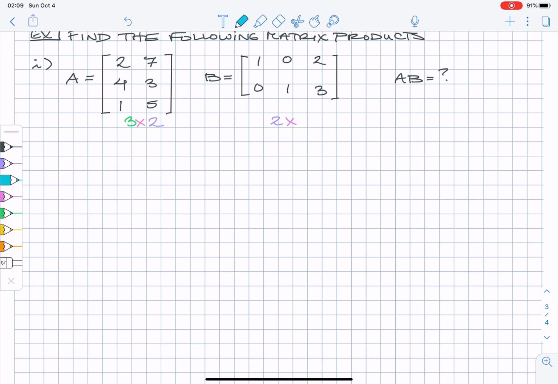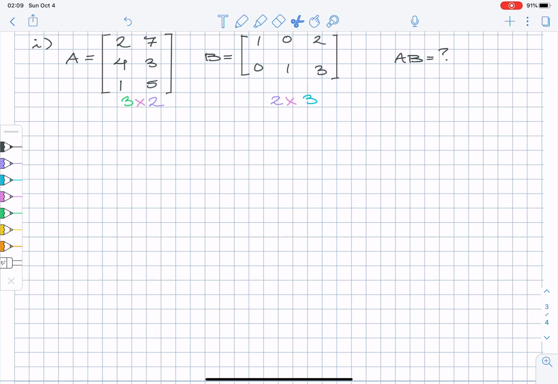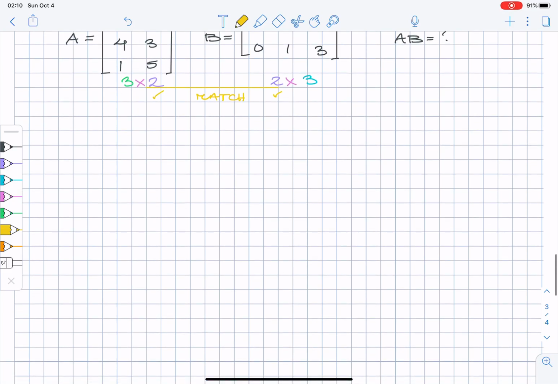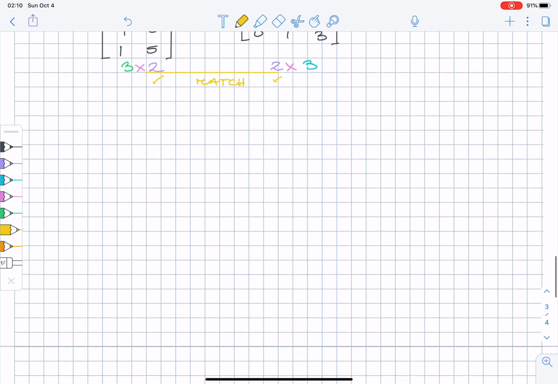And how many columns does B have? It has 3. So I claim the product is going to be a 3 by 3. Because the two inner dimensions match, they have to match. Check mark, they match. So we can evaluate the product. But the inner dimensions have to match.